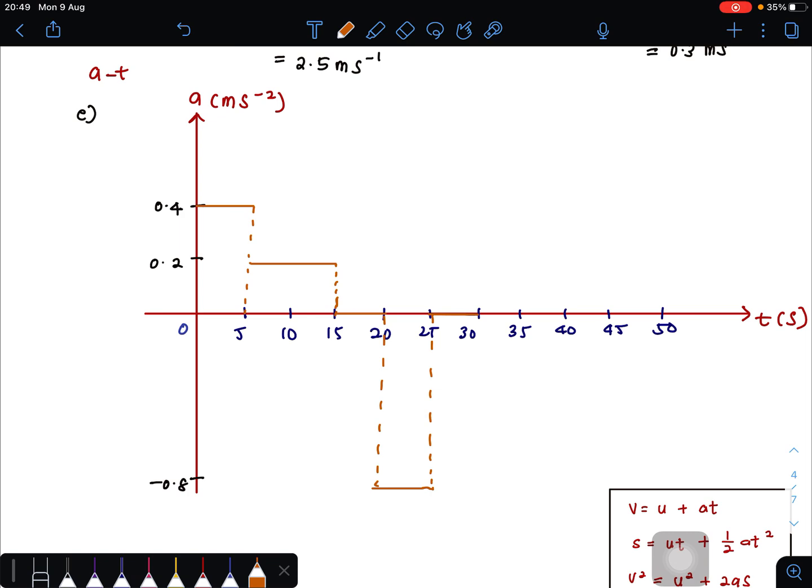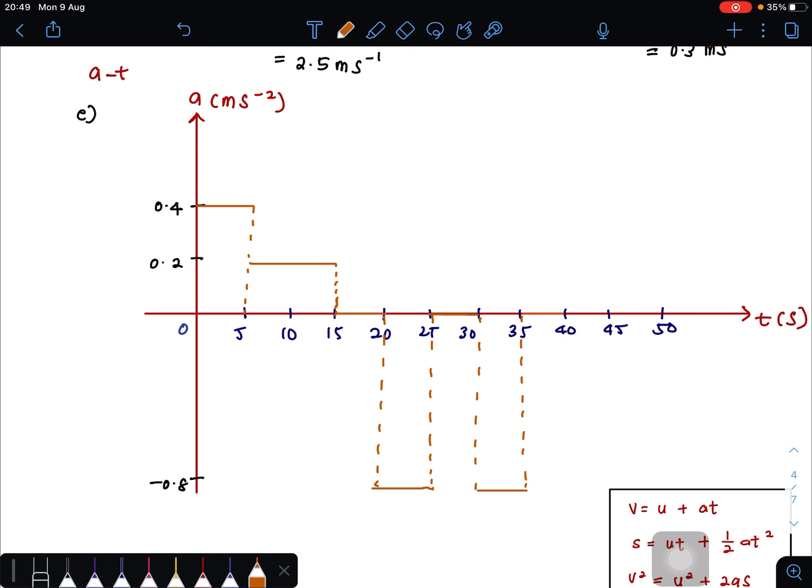And then from 30 to 35. Okay, 30 to 35, acceleration goes back to negative 0.8. And then from 35 to 40, acceleration goes back to zero again. So exactly on this x-axis.